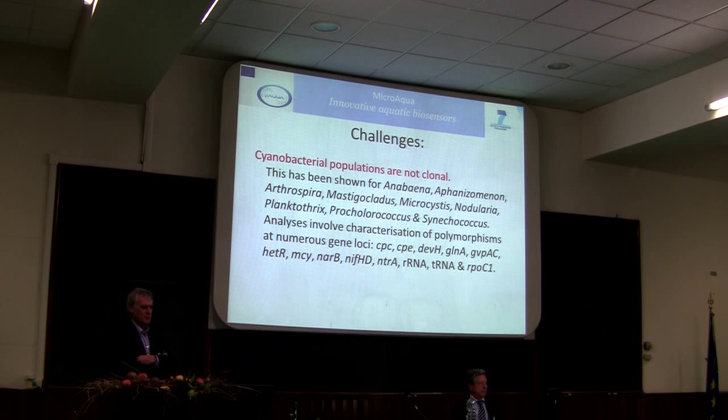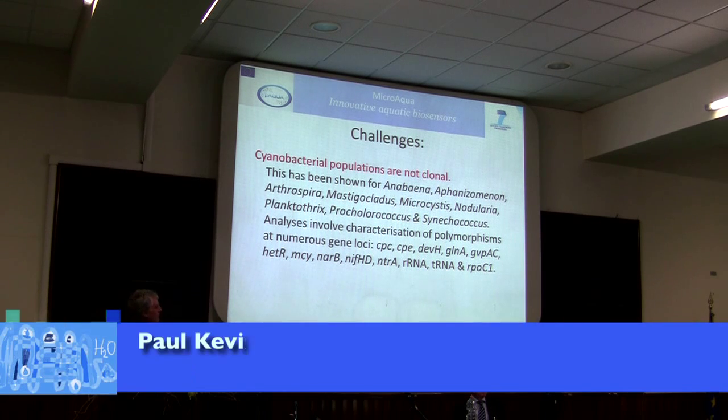So even if you have a bloom of a cyanobacteria that is monospecific, so it's all Nodularia spumigena, or all Aphanizomenon flos-aquae, or Microcystis aeruginosa, even though it's monospecific, there's a lot of genetic variation within the population. So there are huge numbers of genetic variants within a population of cyanobacteria in the wild.